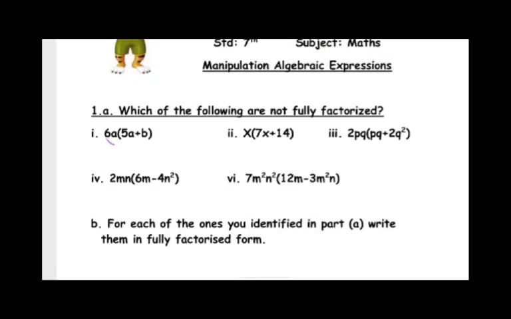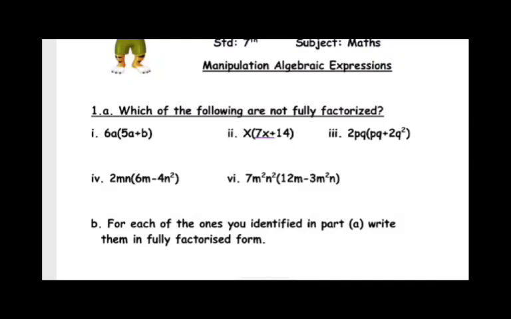6a into 5a can make it 30a, and this looks factorized to me. Let's look at the next one. When you're doing these kinds of sums, you have to look at the common factors inside the bracket.